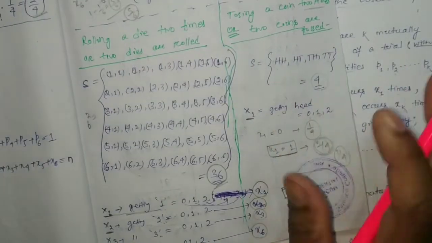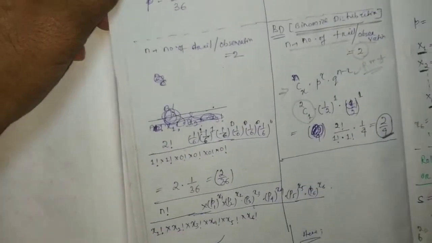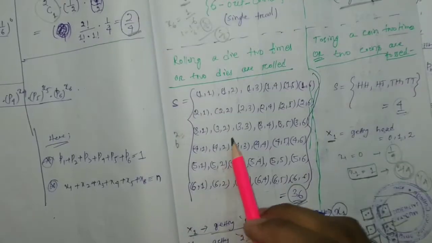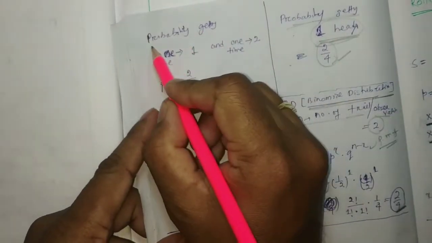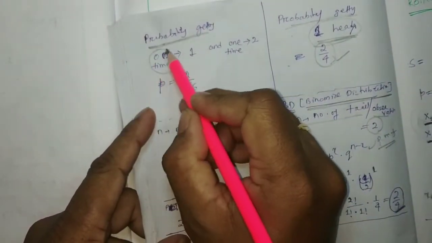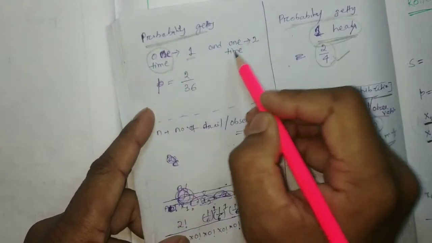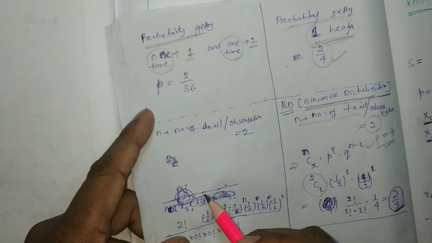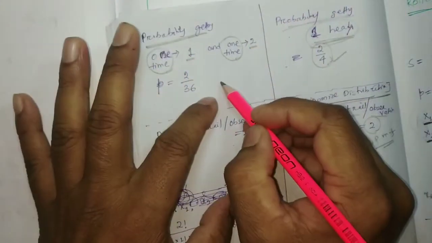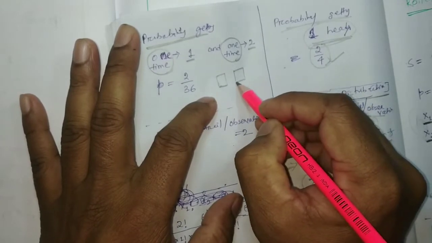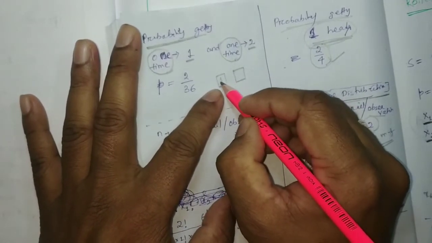Now after rolling the two dice, I am asking: what is the probability of getting 1 one time and 2 one time? You got my point? That means I am rolling two dice, or one dice two times, and the outcomes will be 1 one time and 2 another time.